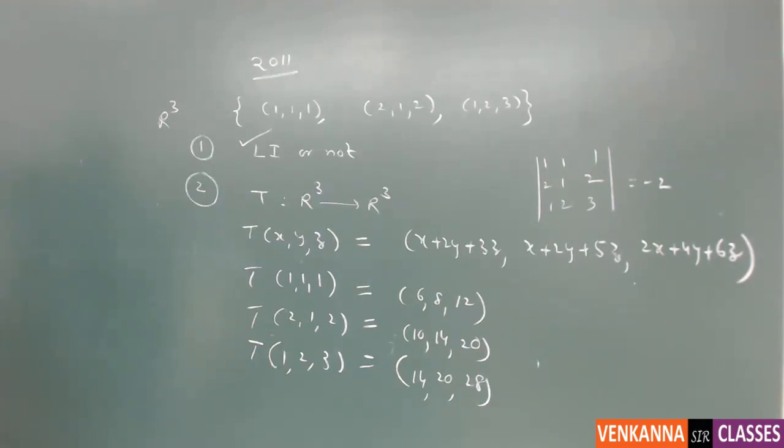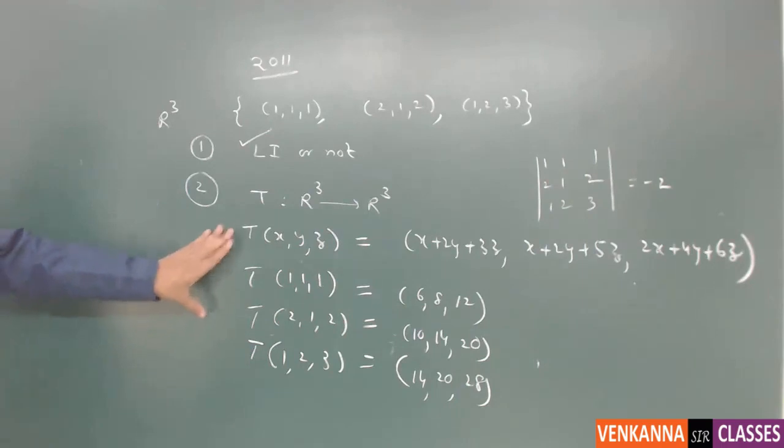Sure. So all of you say that 20 is the determinant of the images, so it is a non-zero set. All right, I leave that part to you. I will give the conclusion.